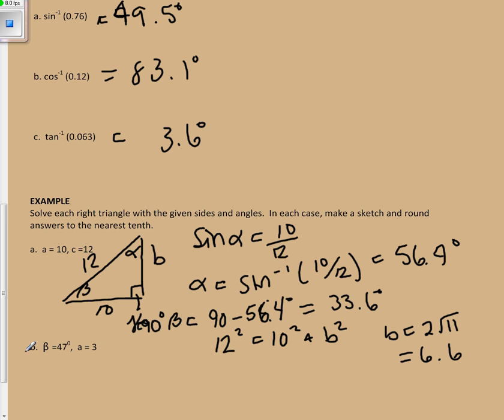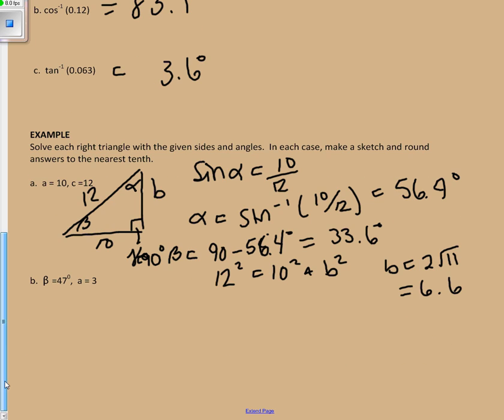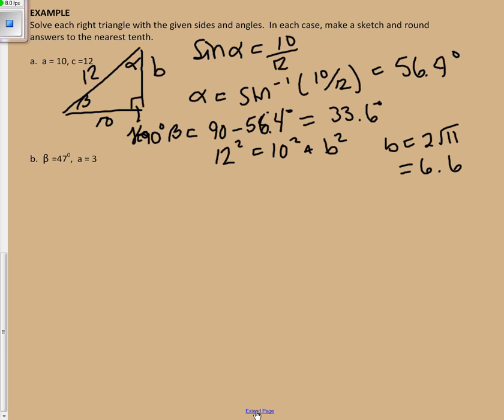Now on the next example, they give us beta, the angle, and they give us a side. So I'm going to give myself a little more room. Kind of ran out of space there. So again, I'm going to draw my triangle. Here is gamma, and we know what gamma is right out of the way. Gamma is equal to 90 degrees. I'll write it the same way. So here's my beta. Here's my alpha.